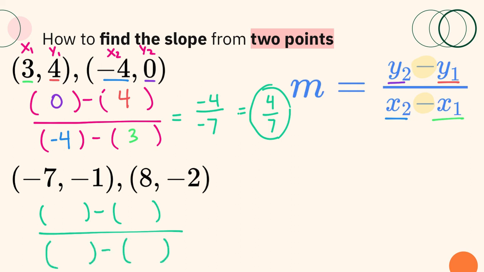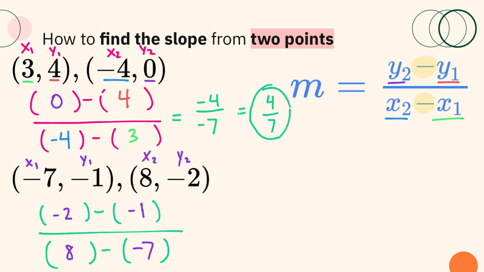So I'm going to assign x1, y1, x2, y2. So y2 minus y1 over x2 minus x1. Notice in this case, we end up having this negative negative. When I have two negatives in a row, that means that they are going to be treated as positive numbers.